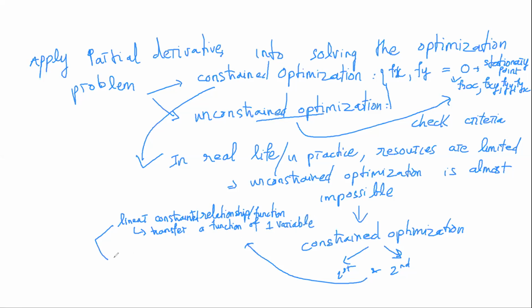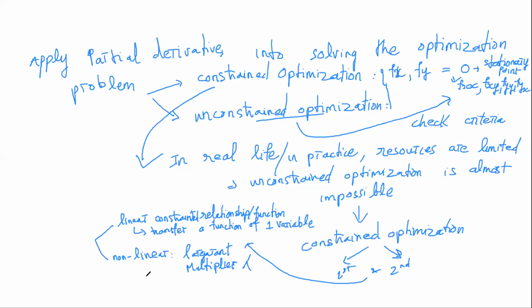However, if the constraint function is non-linear, it becomes a little bit more complicated. So you can use the Lagrange multiplier, lambda, right?